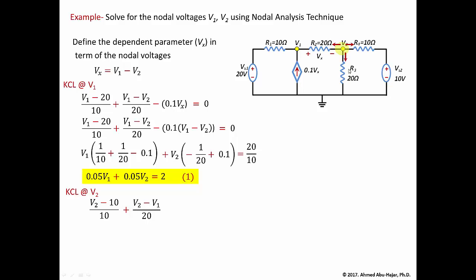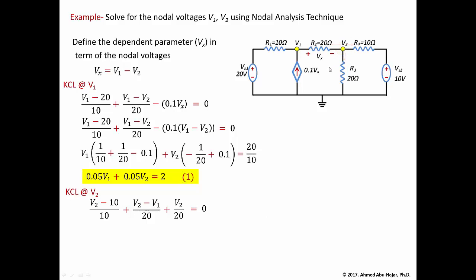Finally, I'm going to add the current leaving R3, which is (V2 - 0)/R3, or basically V2 over R3. So plus V2/20. And the sum is going to equal 0. So in this equation, we summed KCL at this node. All the currents leaving equal 0.